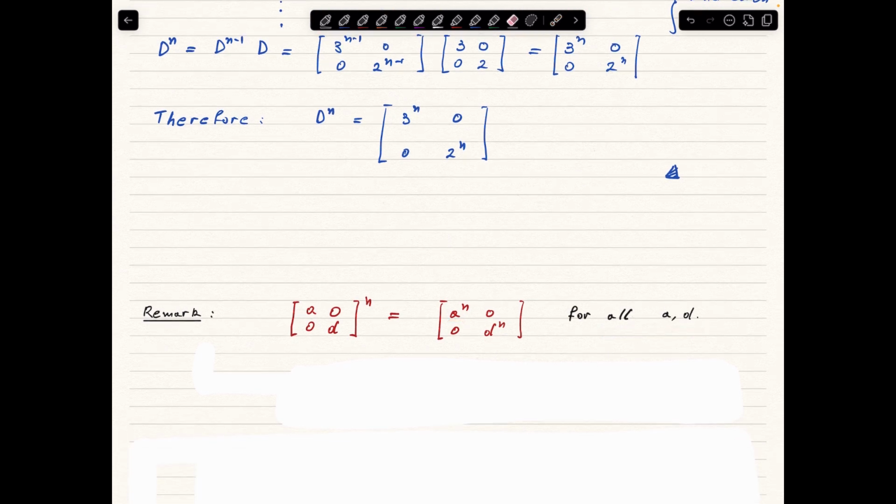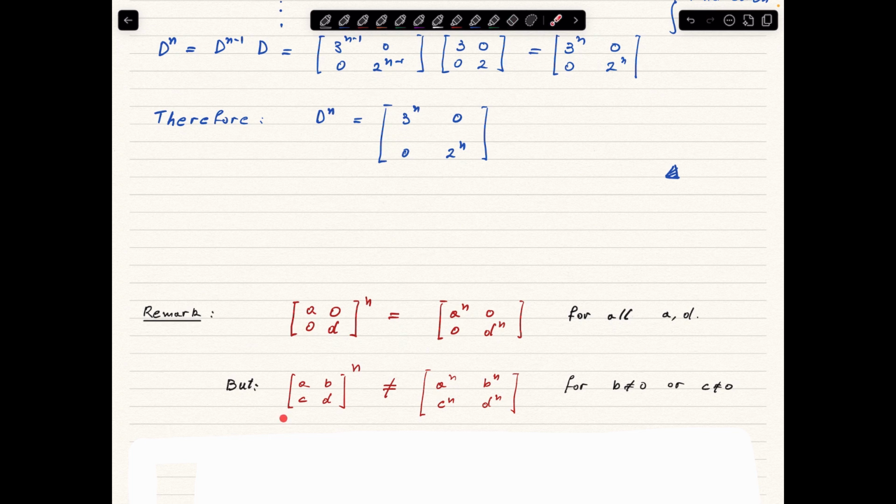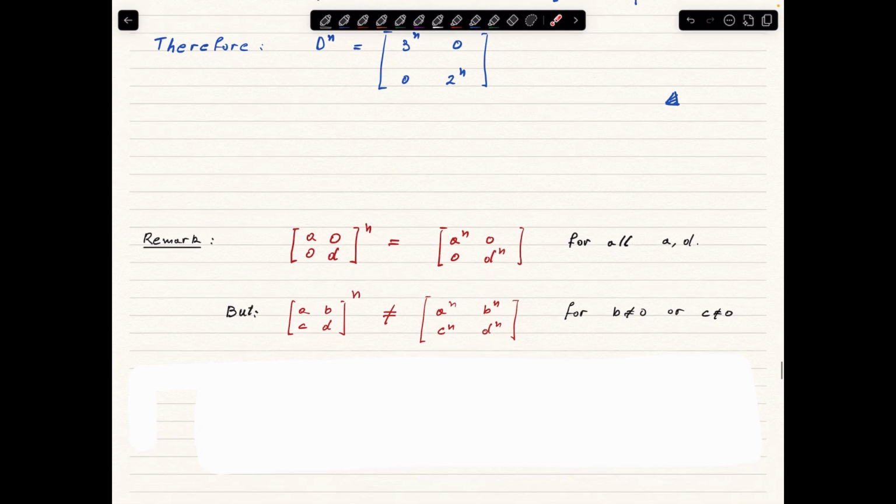But it's not true that this would happen when the matrix is not diagonal. When you have coefficients here that are different from 0, then this is not equal to the power n of each coefficient. The formula is way more complicated. The formula is simple only for diagonal matrices.